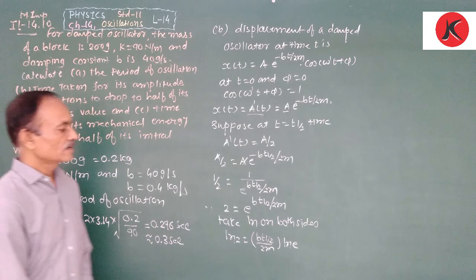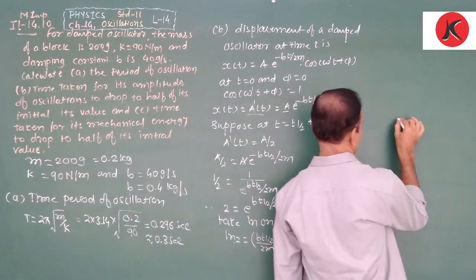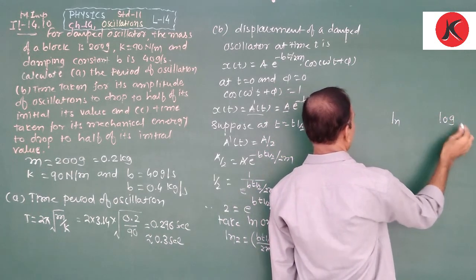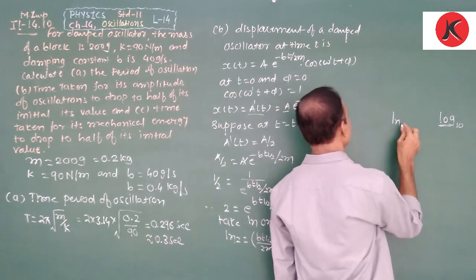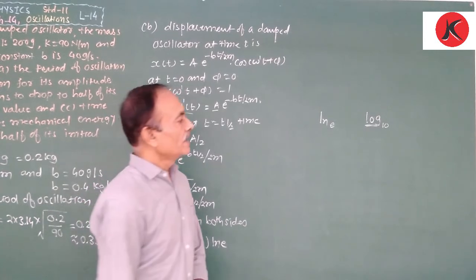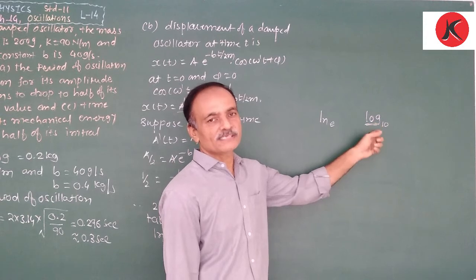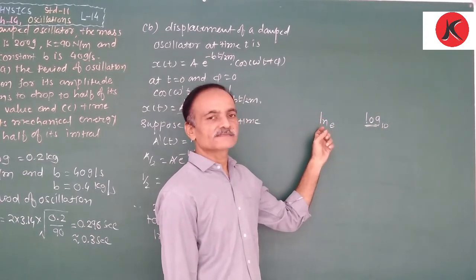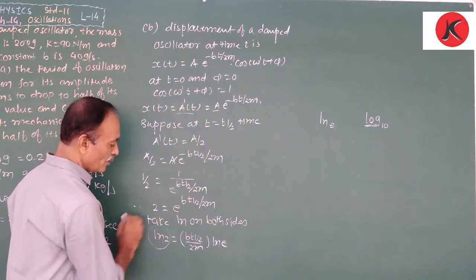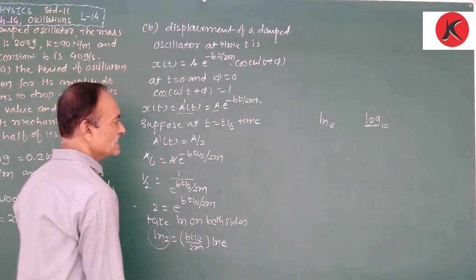Now listen, what is the difference between ln and log? In log, the base is 10. In ln, the base is e. Now we have the log table on base 10, not on base e. Therefore, here we have to convert this ln 2 into log 2. Okay, we discuss later. Now, ln e is equal to 1.